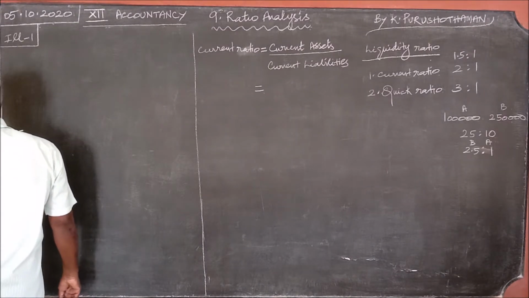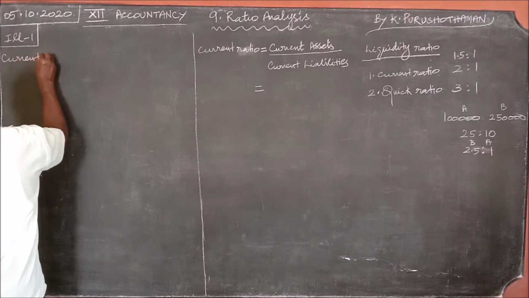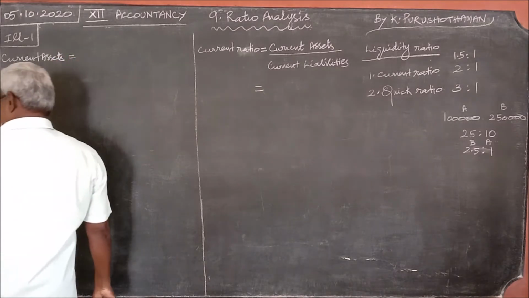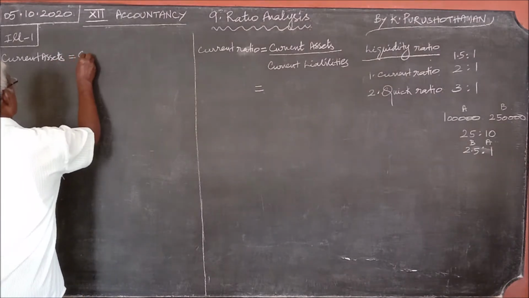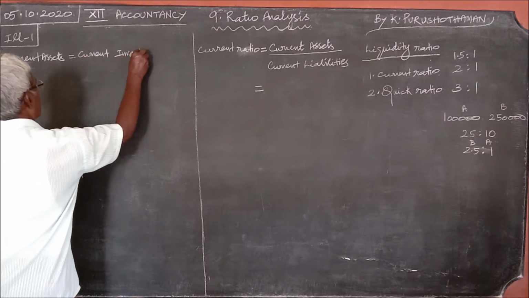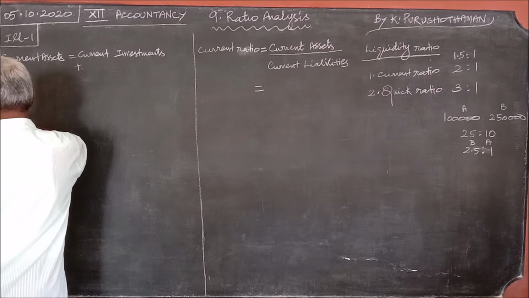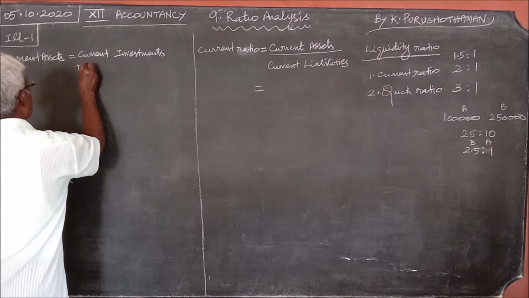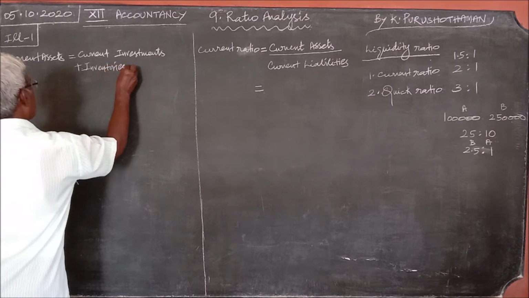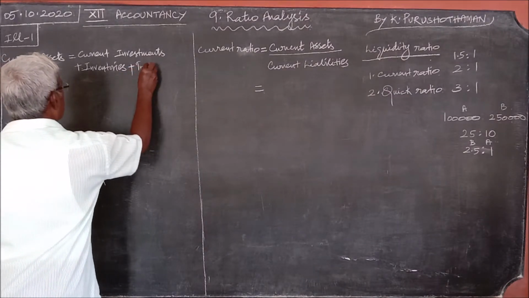For that purpose only, some items are given as current assets. So, what are the current assets? Current assets is equal to current investments plus inventories. Inventories means, I told you already, stock. Plus trade receivables or bills receivables.